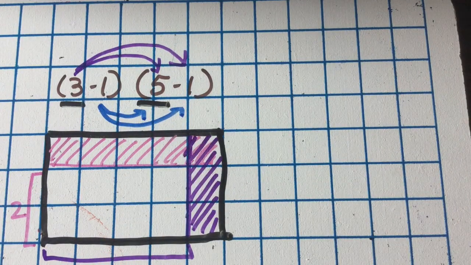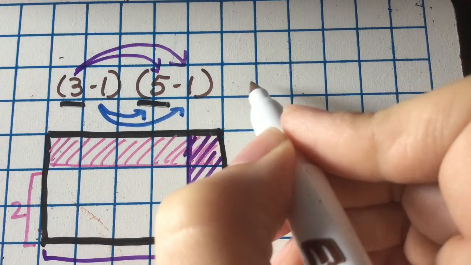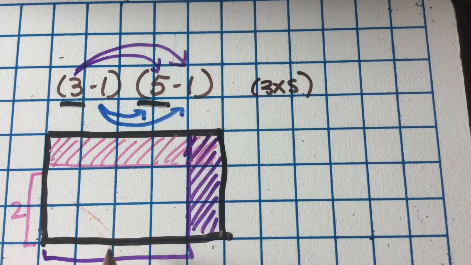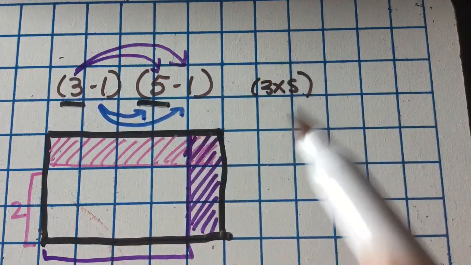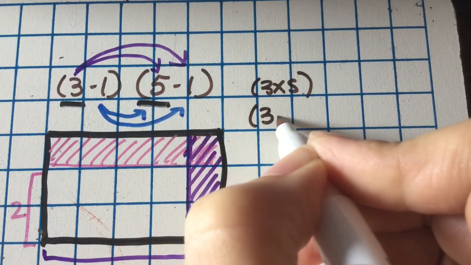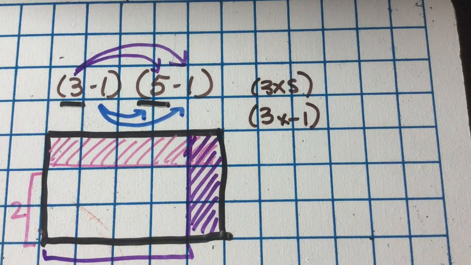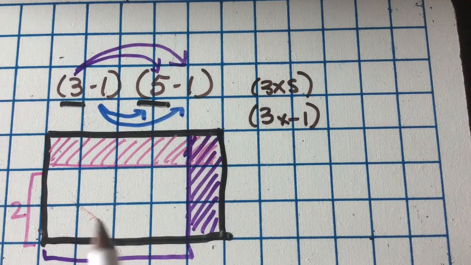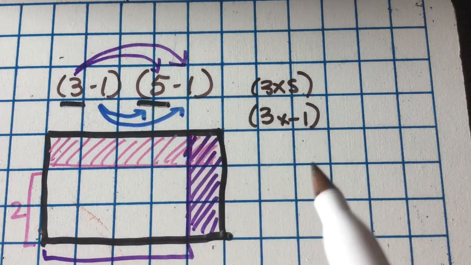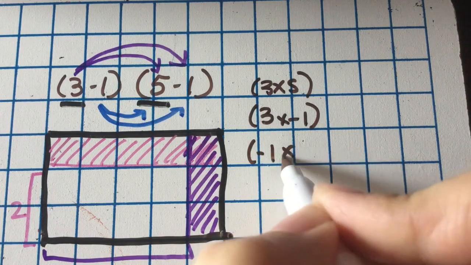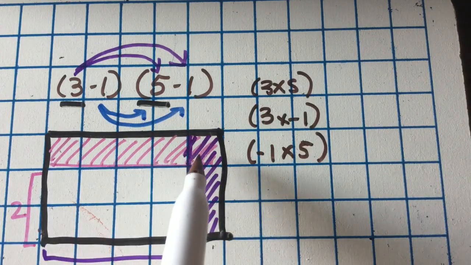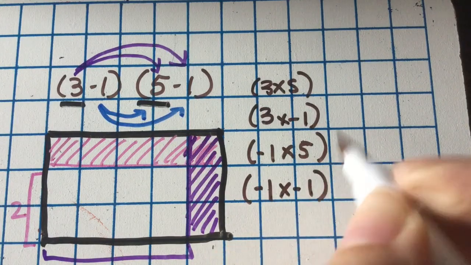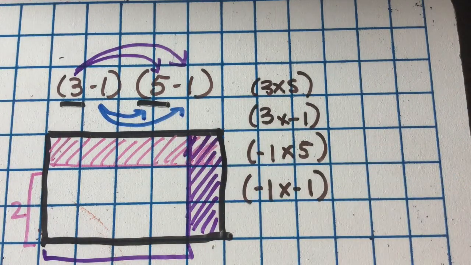So I would end up having 3 times 5, that's my original rectangle, 3 times negative 1, that would be this rectangle here. I would have negative 1 times 5, that's this strip right here, and then I would have negative 1 times negative 1, and that is this piece right here.